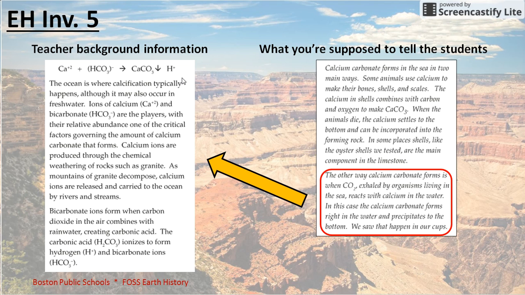I do show them the reaction, but I don't hold them responsible for it. My purpose of showing them the reaction is because I know in 8th grade, the following year, they are going to be doing chemical reactions, and I just want them to become a little bit more familiar with some of the uses of these letters and numbers as they see them at this point in time. But again, in my opinion, I would omit this part right here because it really is not correct.